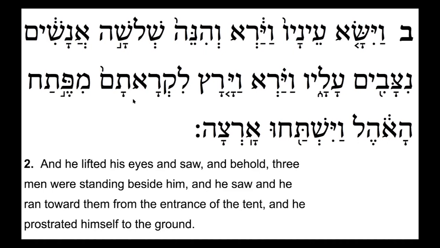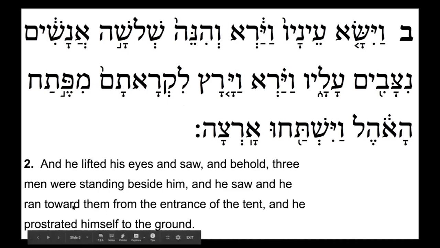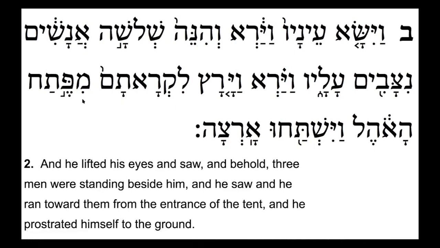And likratam means to them or to meet them. The le part means to, and the tam part means them. Here it's translated as toward them. Then we have mi petach.